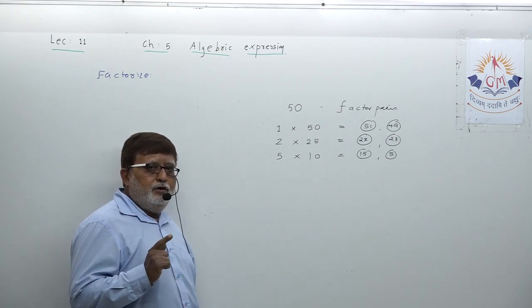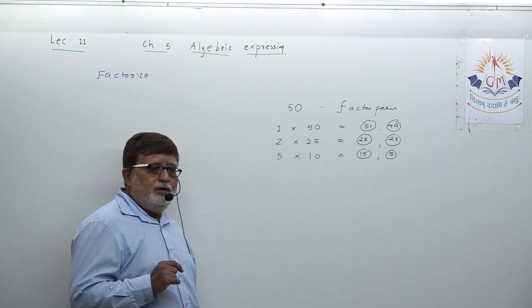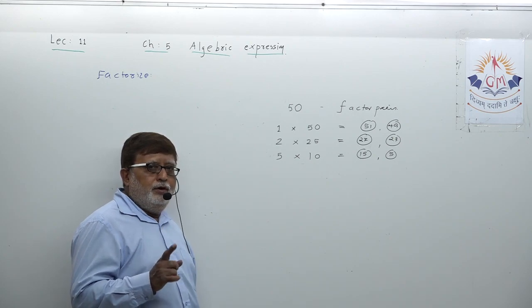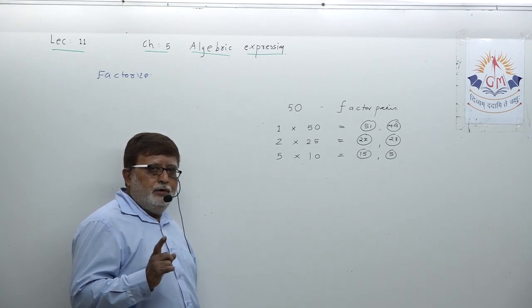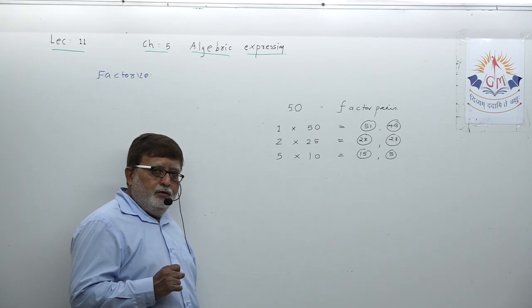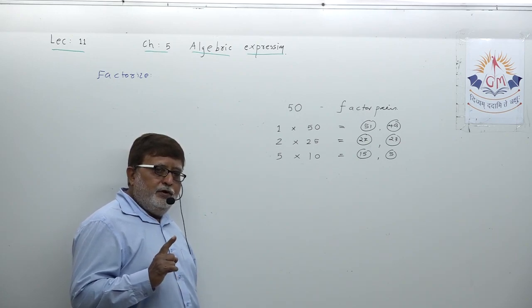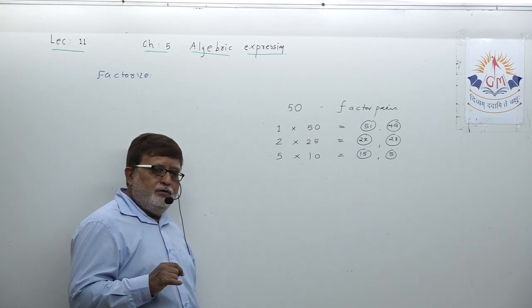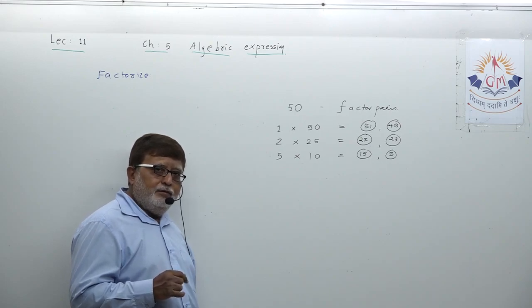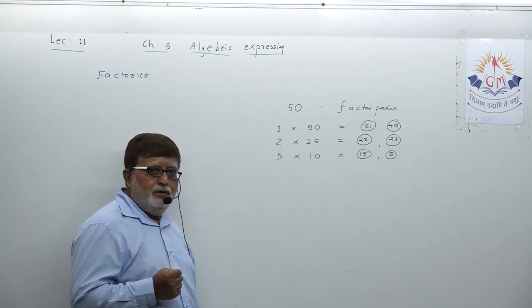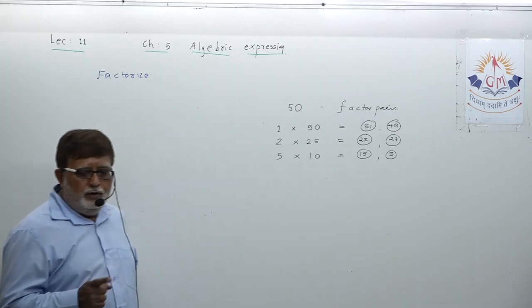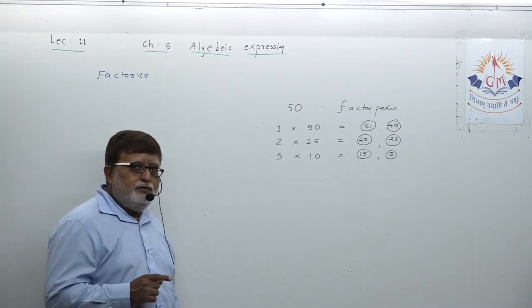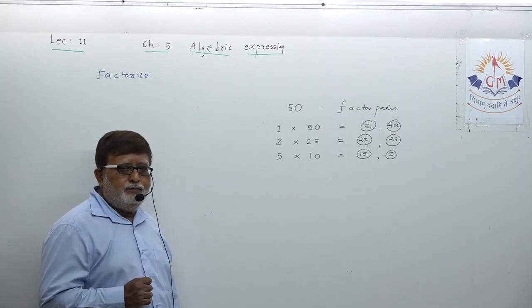It has to strike in your mind. What are the factors of 10? 1 into 10, 2 into 5. So can you tell me which factors of 10 have addition 7? 2 and 5. This is the logic, dear student, and you need to understand this logic very well.